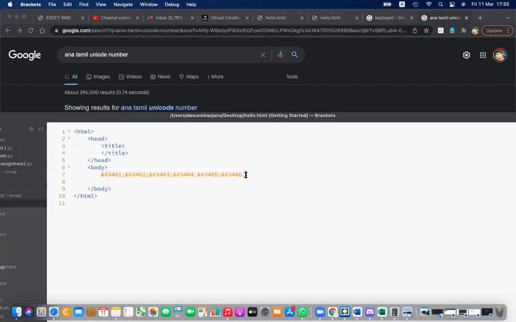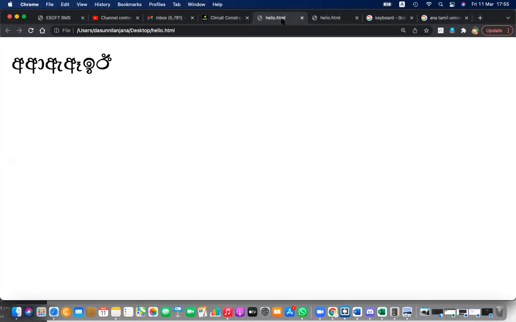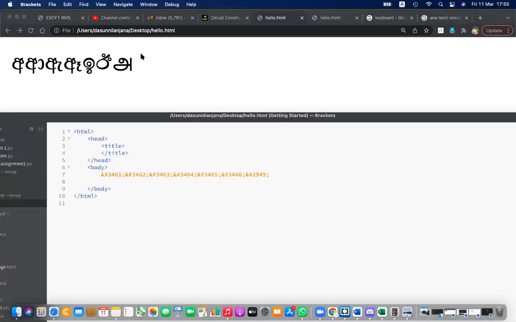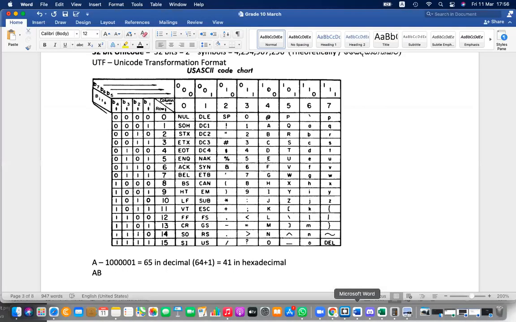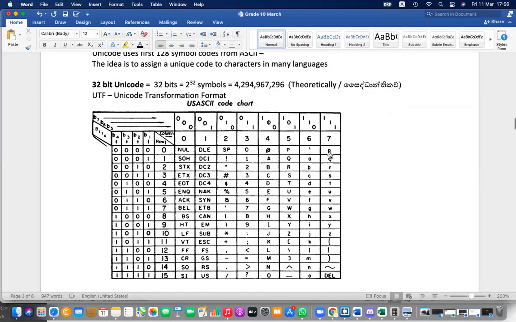You can just try and hash 2949. It's Ana, right? Save it. Go to your code, refresh, and it's Ana. Likewise, Unicode can be applied everywhere uniquely. So that is the representation. Now you got the idea of character representation, I guess.